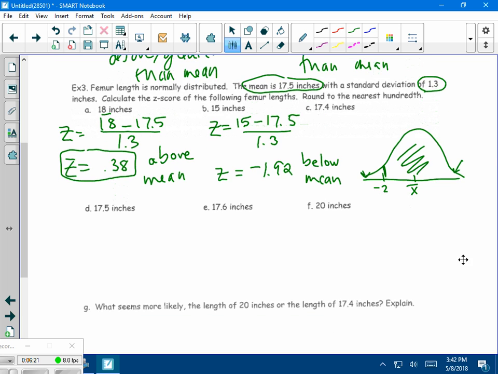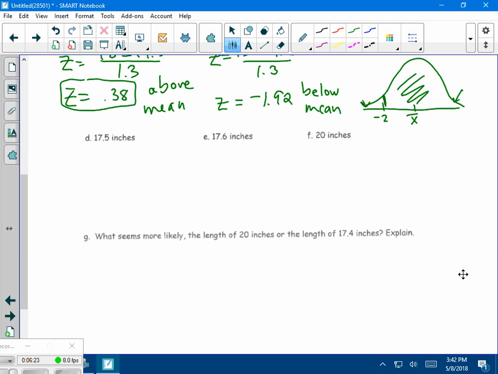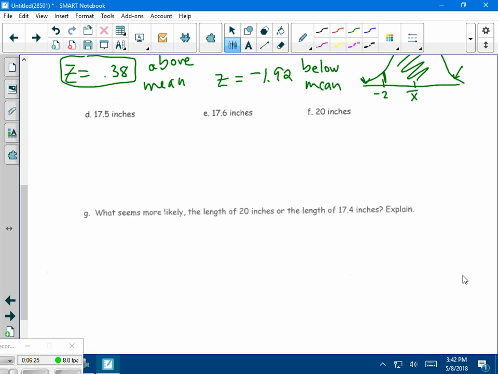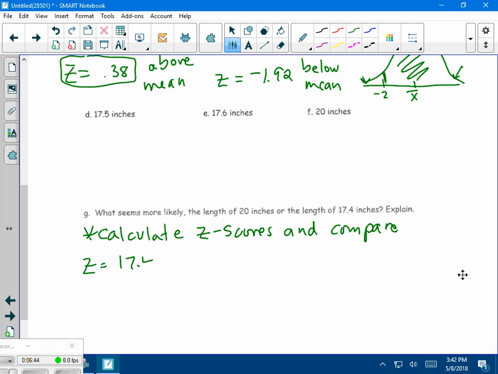So when it says down here, what seems more likely, a length of 20 inches or a length of 17.4 inches, and explain? Well, what you want to do is calculate the z-scores and compare. Now, for 17.4, you'd plug that in here, and then minus your mean of 17.5 over 1.3.